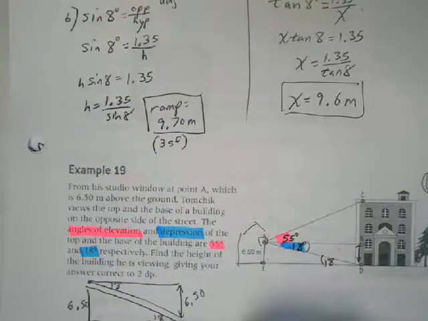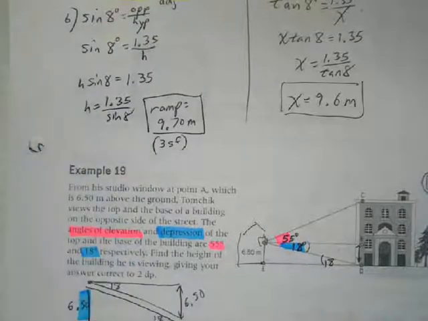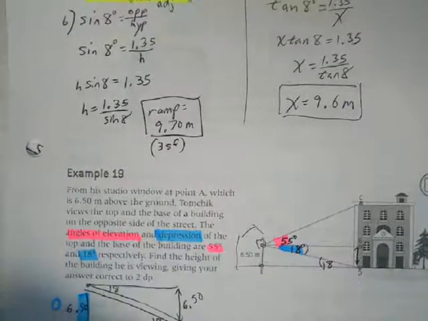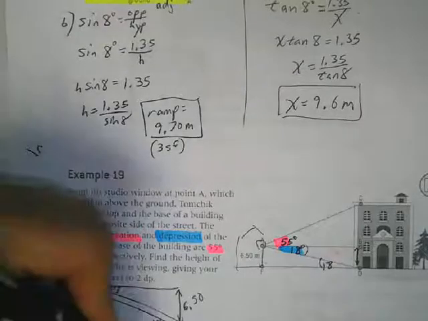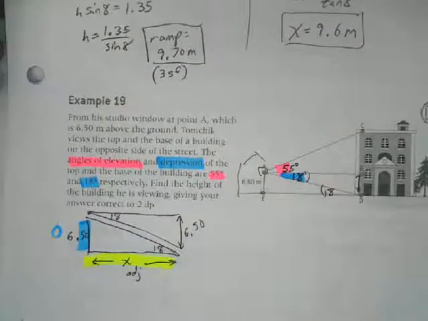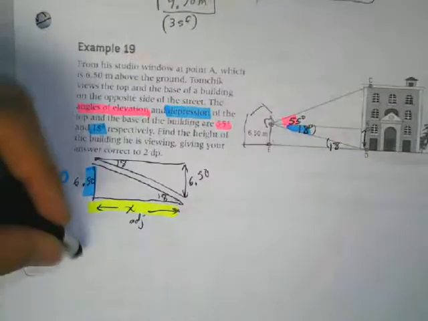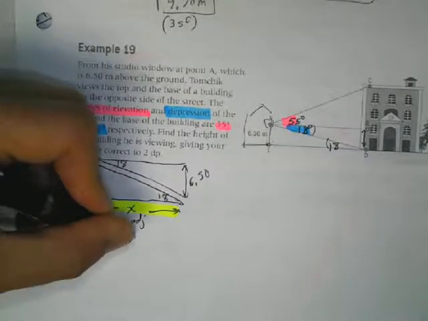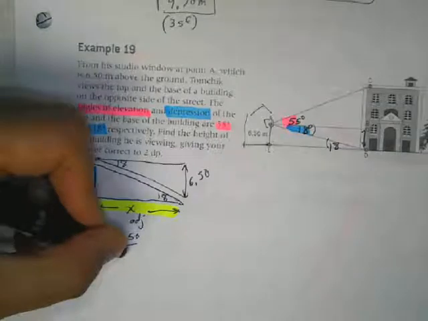So if that's 18 degrees, our opposite side is this, and our adjacent side is x. If we're dealing with opposite and adjacent, we're going to be using tangent. So I'm going to write this as tangent 18 equals 6.50 over x.